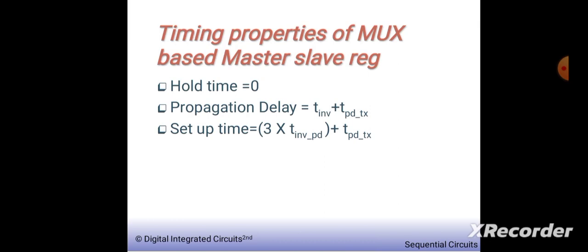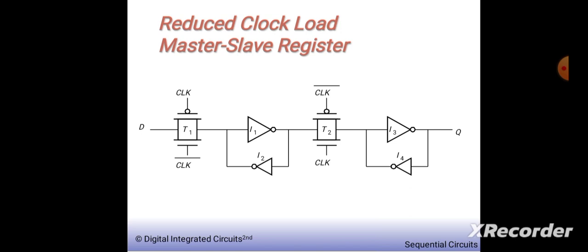For the mux based master slave register, the hold time is considered as 0, and the propagation delay is calculated based on the time taken by the inverter and the propagation delay of the transistors. The setup time will be 3 times the propagation delay of your inverter plus the propagation delay of the transistor.